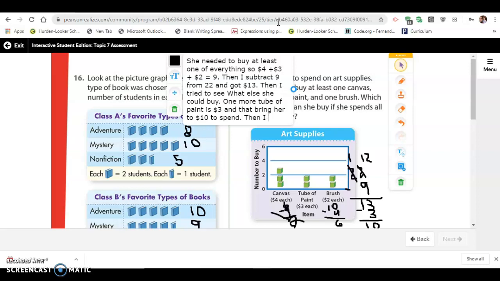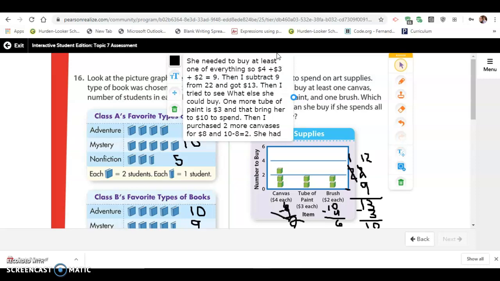Then I purchased 2 more canvases for $8, and 10 minus 8 equals 2.